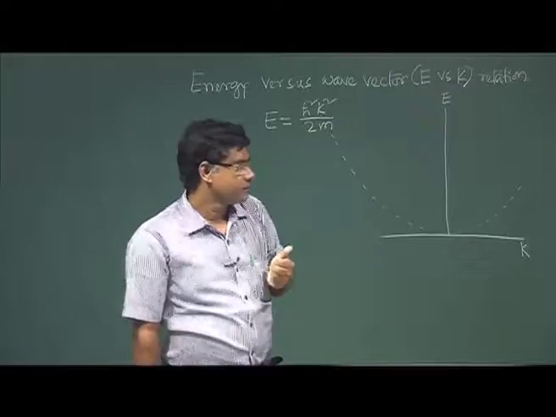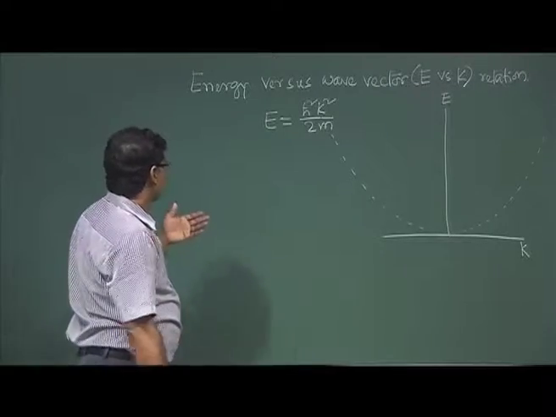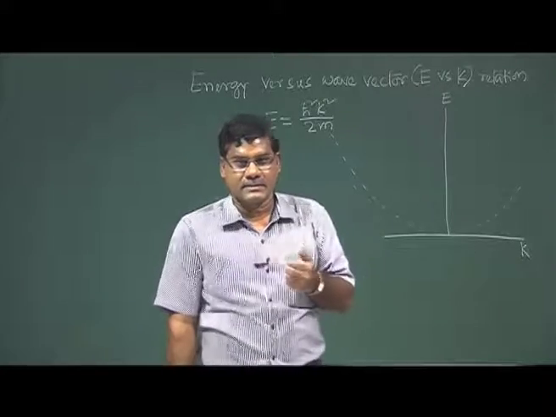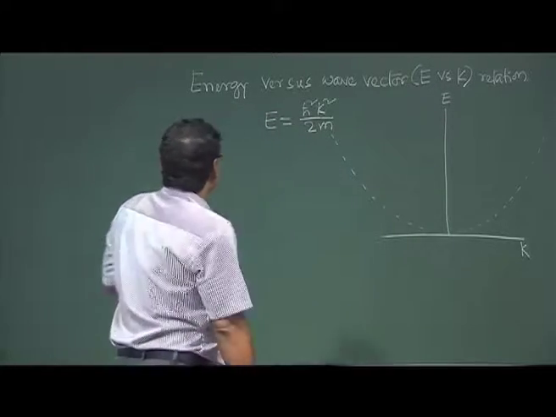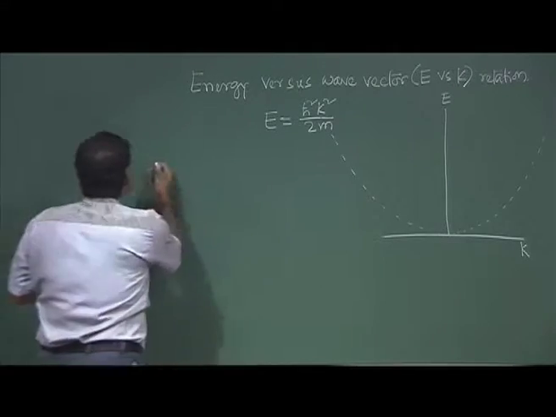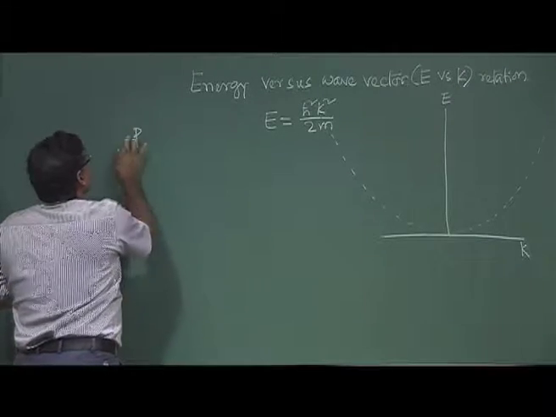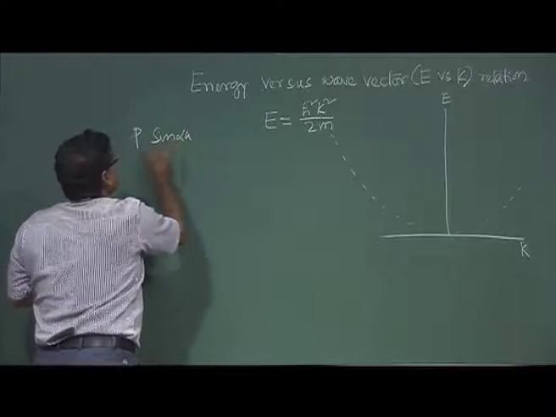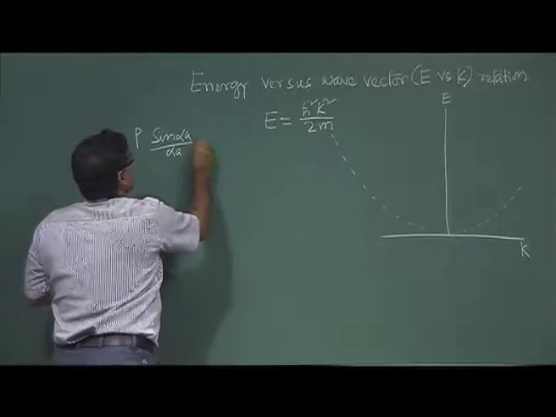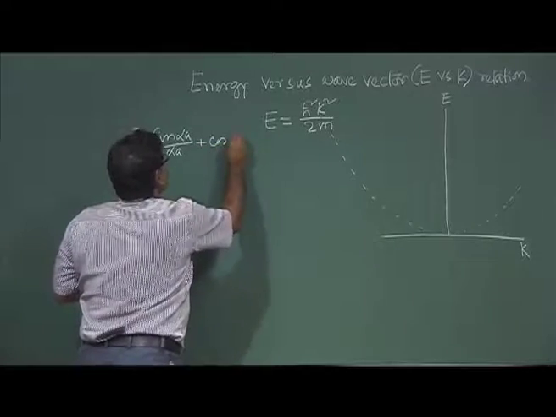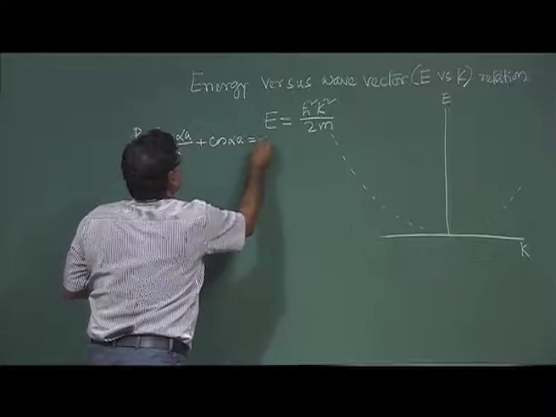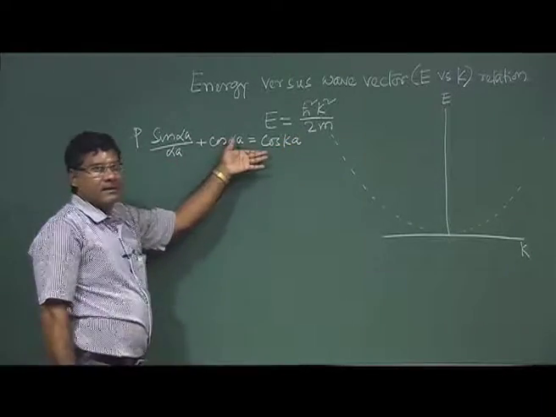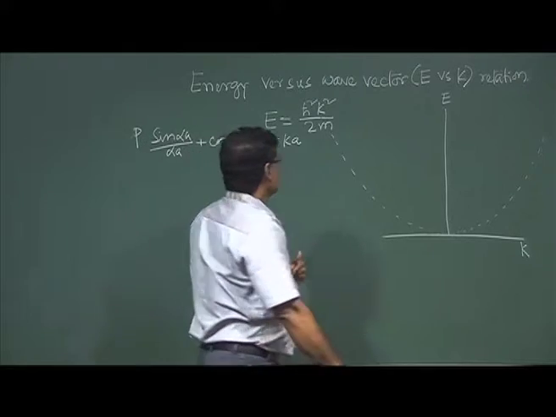Now, in case of periodic potential, or when electron is in a lattice, then the relation P sin alpha a by alpha a plus cos alpha a equal to cos ka has to be followed.